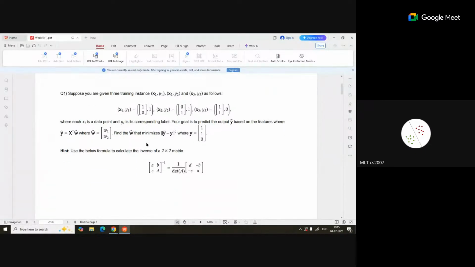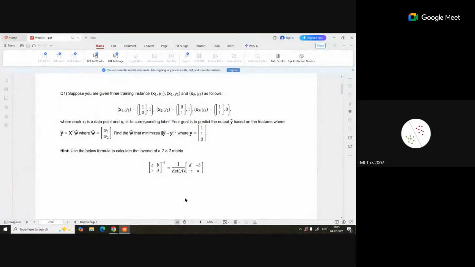So this week 5 is about linear regression. We have seen the probabilistic view of linear regression as well as the basic loss function we use in linear regression, loss function or cost function, whatever you call it. Which loss function do we use? Least square.